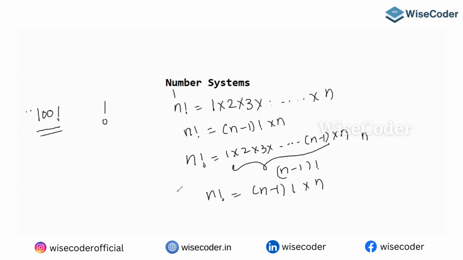In words, any factorial is equal to the previous factorial into the number.